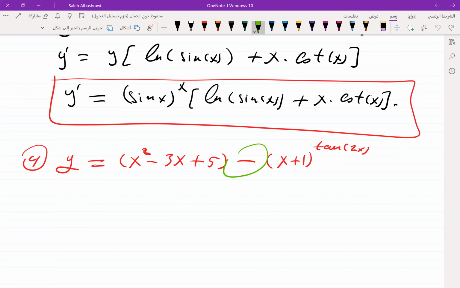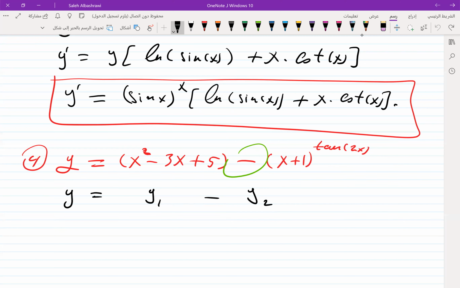This is the problem. We need either multiplication or division so that we can apply the properties. But if I have plus or minus between the terms, I cannot take ln of both sides. But notice one thing here. I can write this as y1 minus y2.